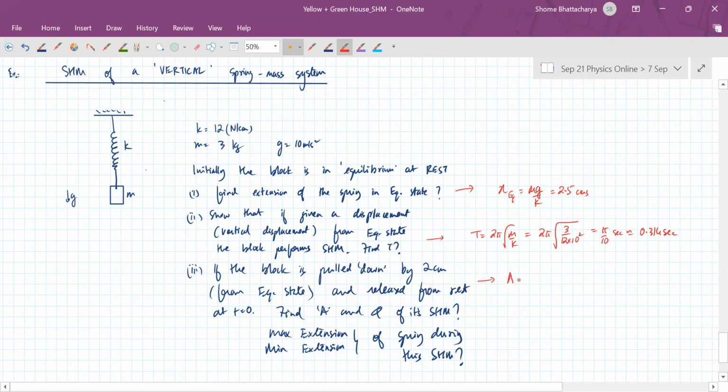You see, in this case, the amplitude will become 2 centimeters. The phase constant will become pi by 2. Equation of SHM will be like y is equal to 2 sine omega t plus phi, omega is this.